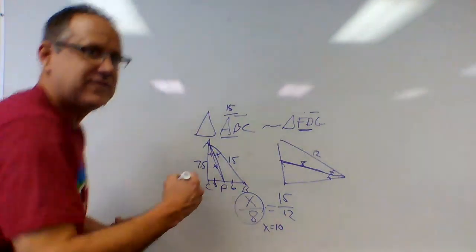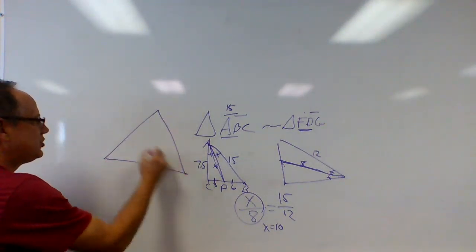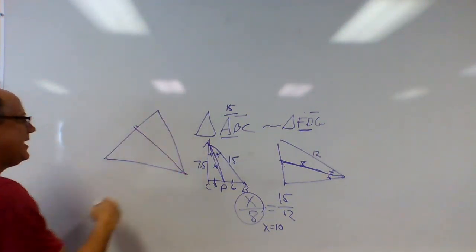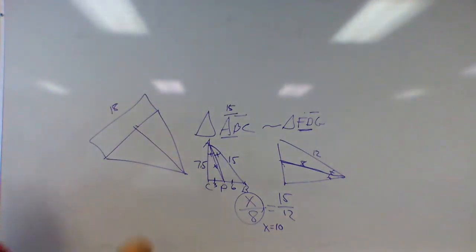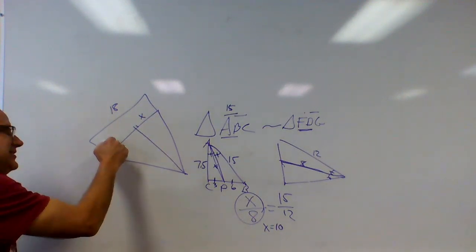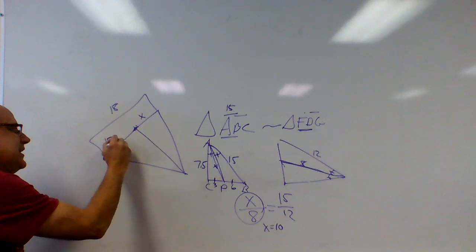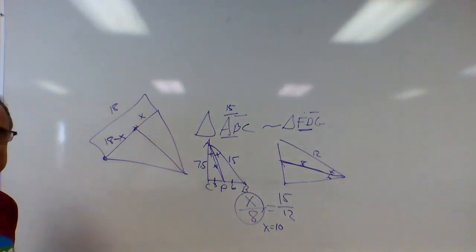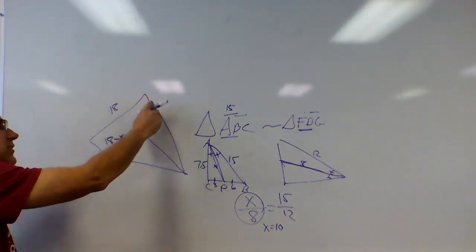If a side of a triangle is 18 in total, and one part is X, the other part is going to be 18 minus X. That's if you're given the total.